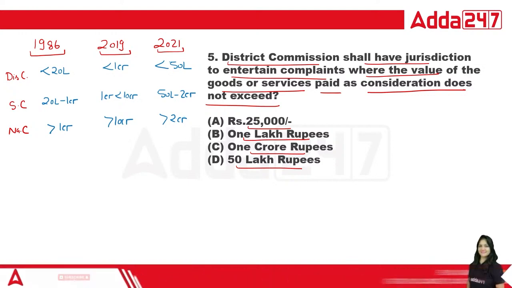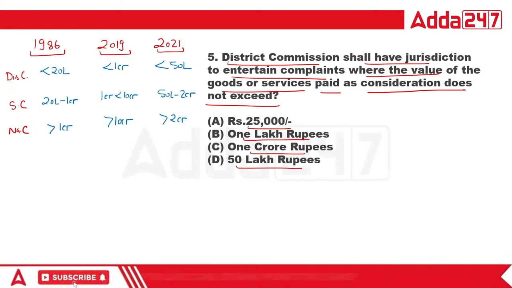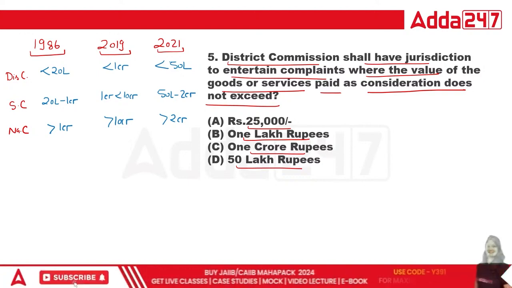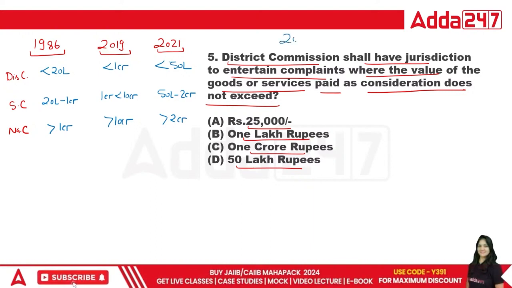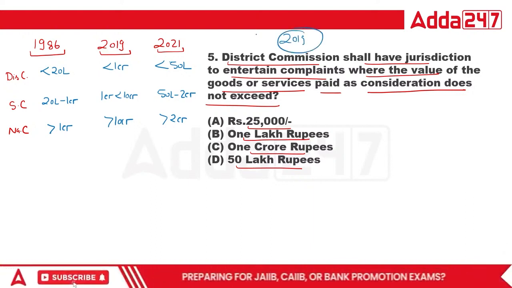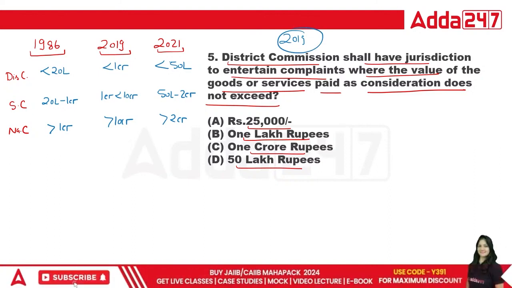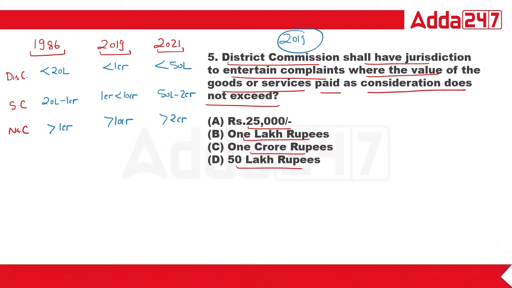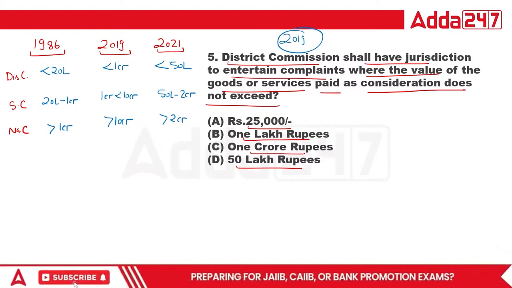So hello Putul ma'am, what is the exact answer? The district commission has jurisdiction to entertain complaints where the value of goods and services shall not exceed. And in your syllabus, the 2019 Act was there. So what is the right answer? Yes, Putul ma'am.